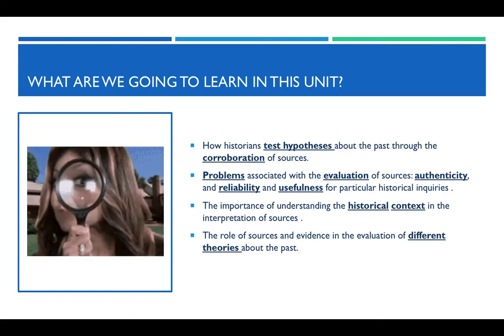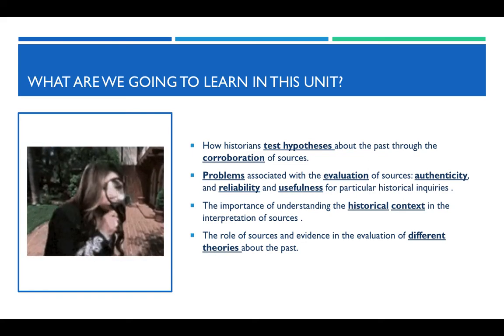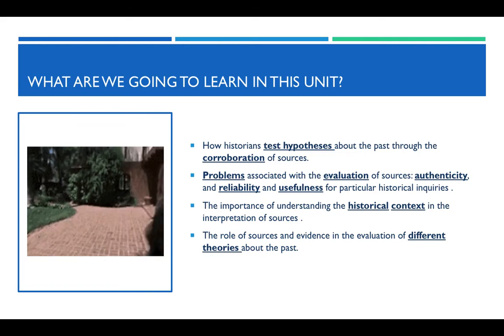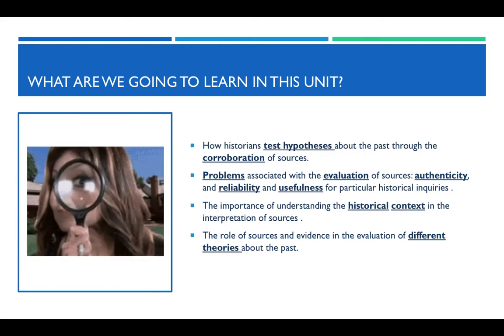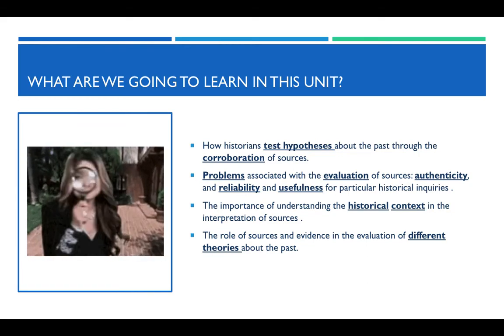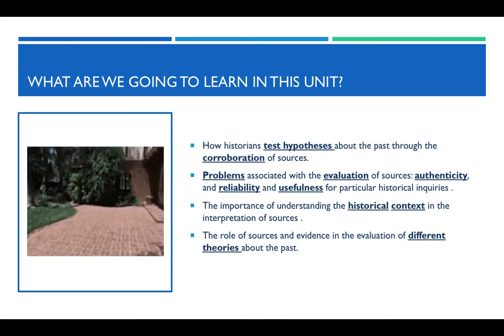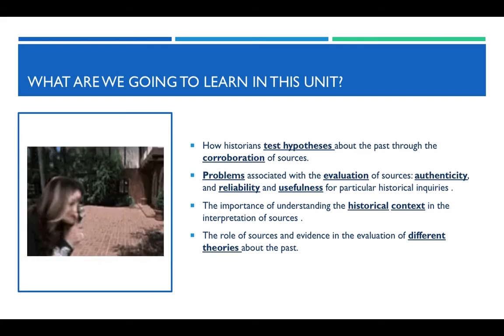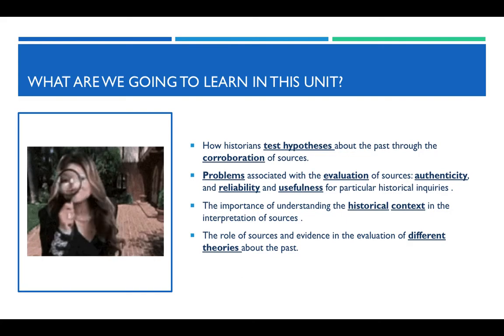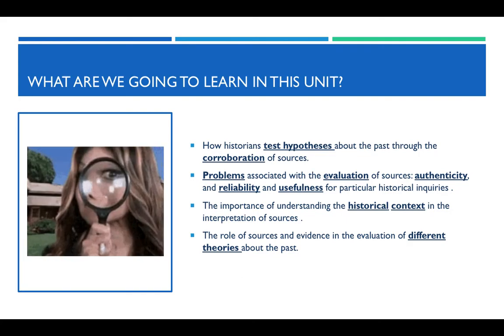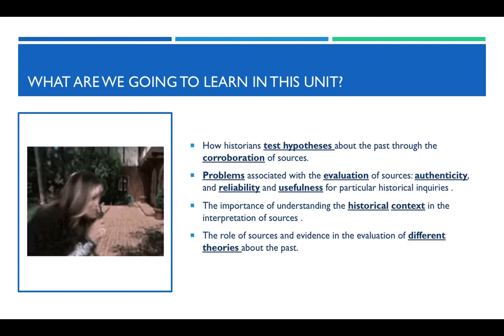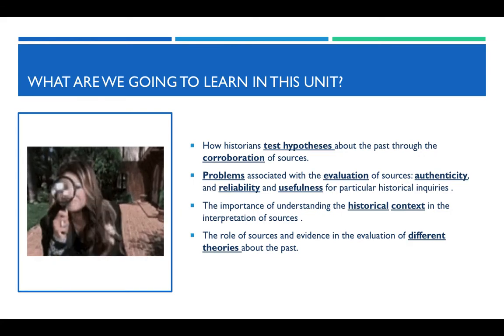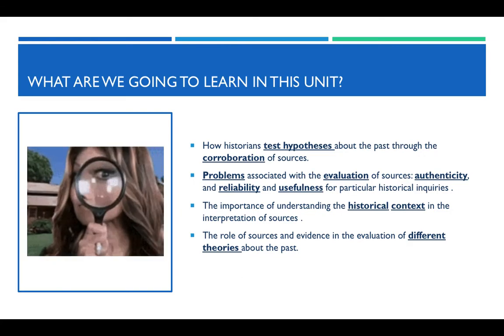How historians test hypotheses about the past through the corroboration of sources. A hypothesis is a potential solution, and historians test whether their solution or judgment is accurate through the corroboration of sources, that is, the agreement of sources.